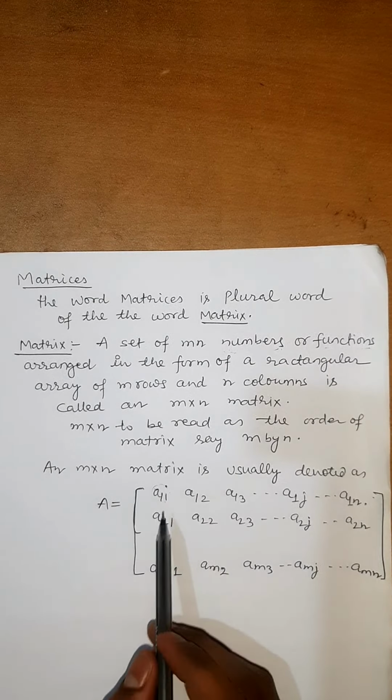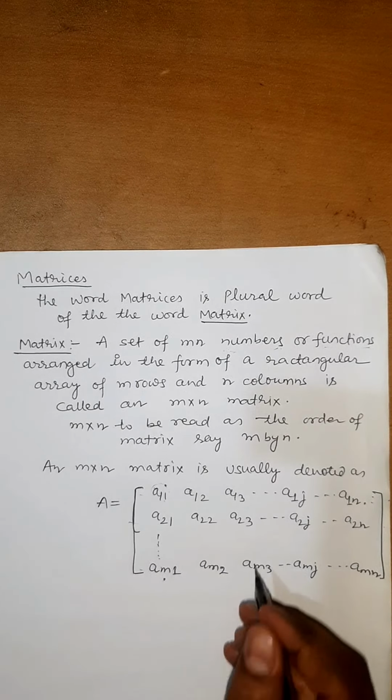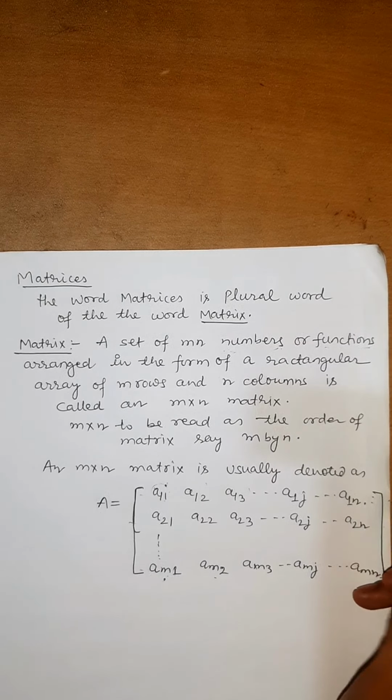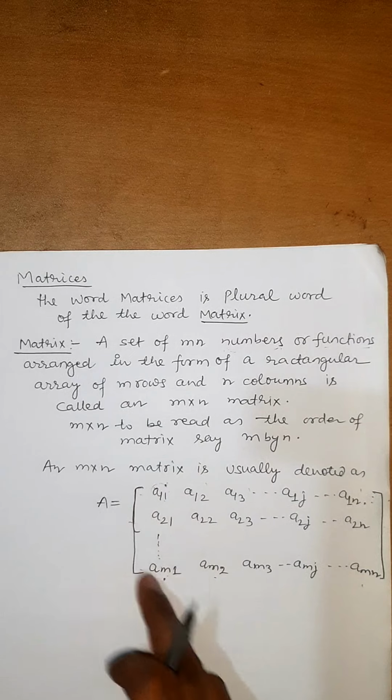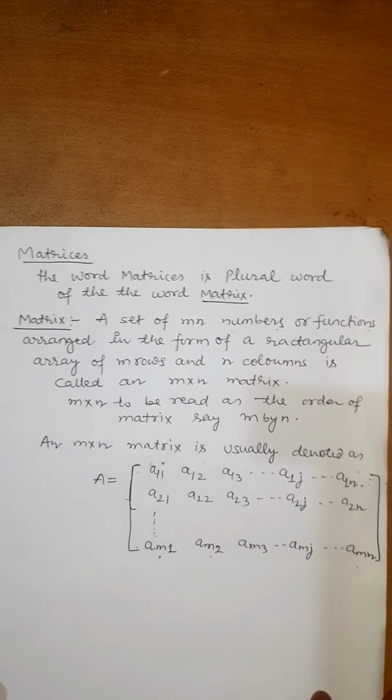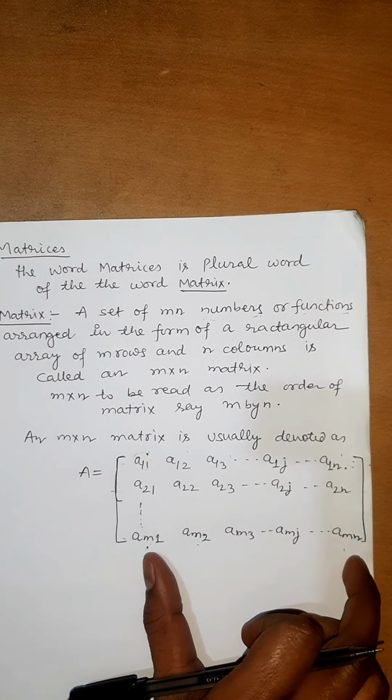See, this row is R1, you can also call it R1 row. This is your R1 row, this is R2 row and this one you can call the m-th row. And first column, second column, third column and nth column. So this is an arrangement of mn numbers, and numbers may be real or complex, arranged in this rectangular array.